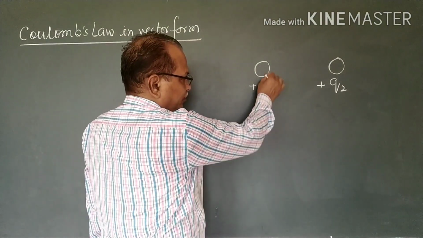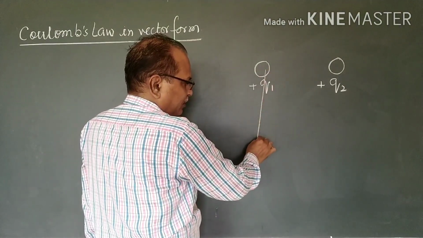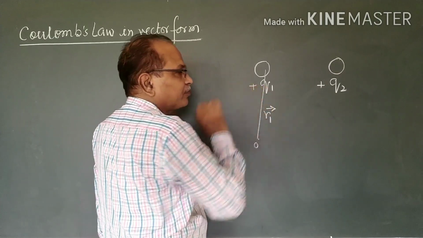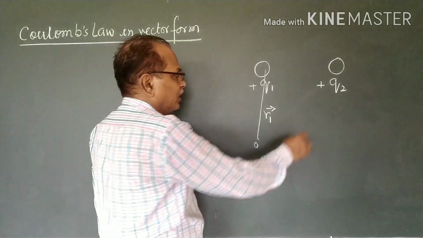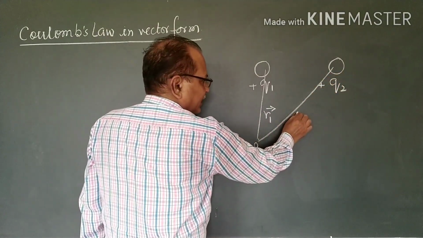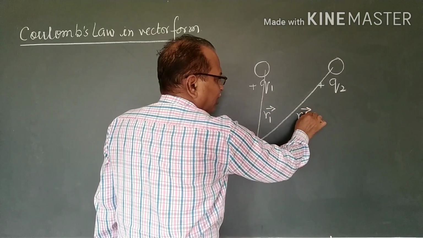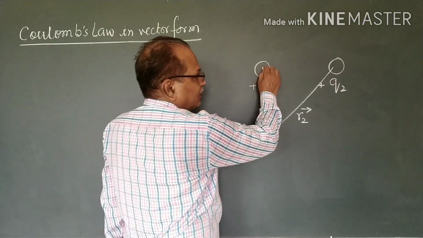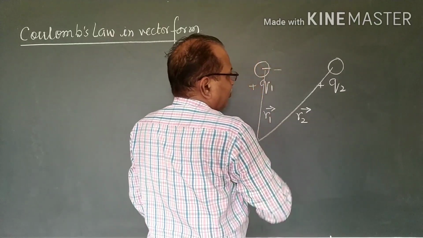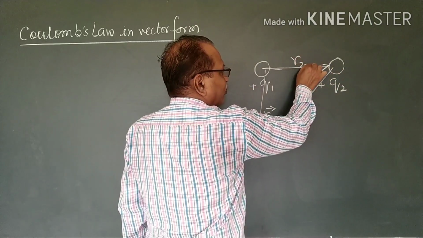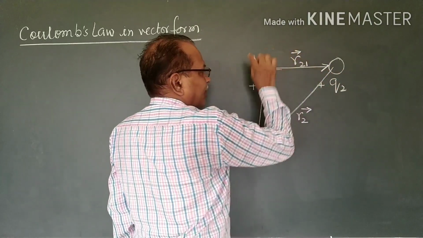For example, this is the position vector R1 for the first charge and the position vector of the second charge is R2. Then this vector will be R21, having this direction.